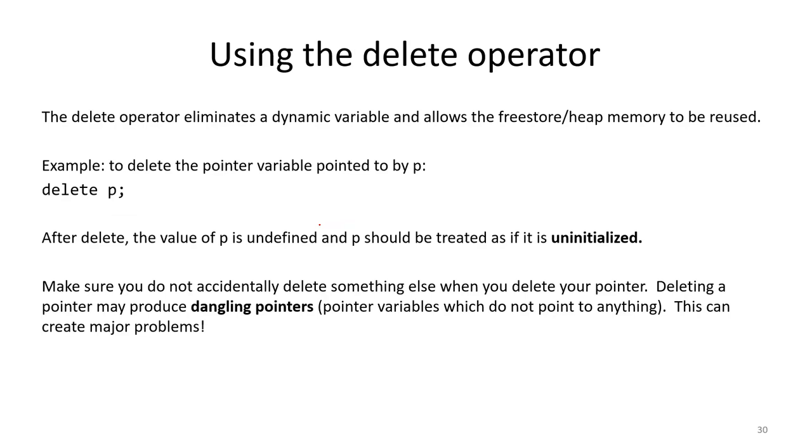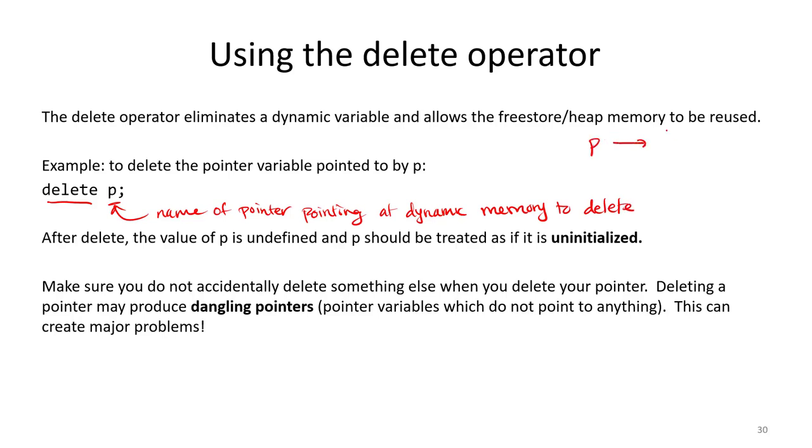It's actually really easy to use the delete operator. All you have to do is take the word delete and then the name of the pointer which points to that dynamic memory. So in this case, suppose my pointer p was pointing at some new int that contains some value.